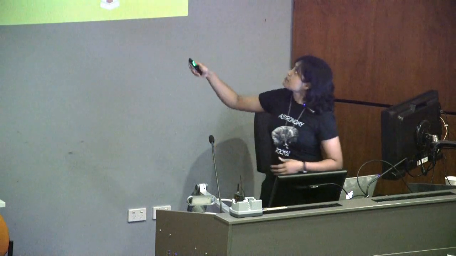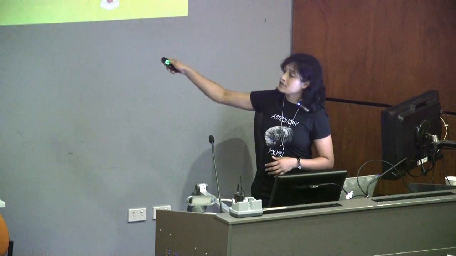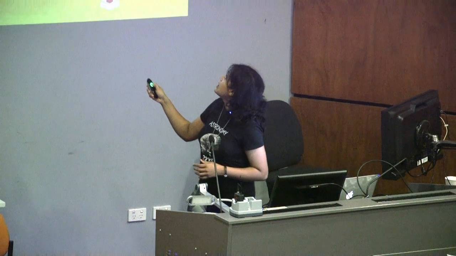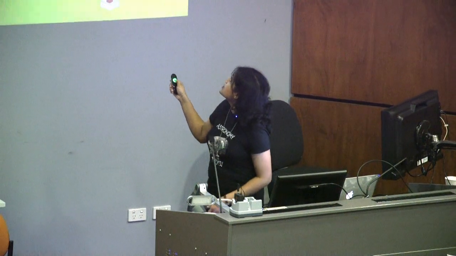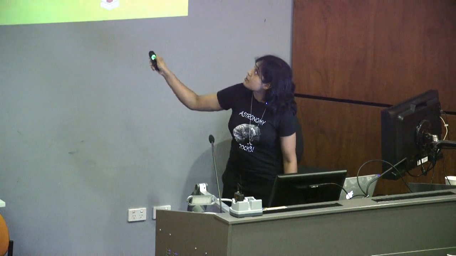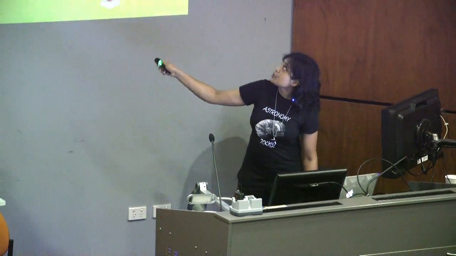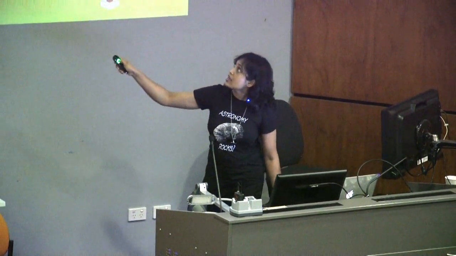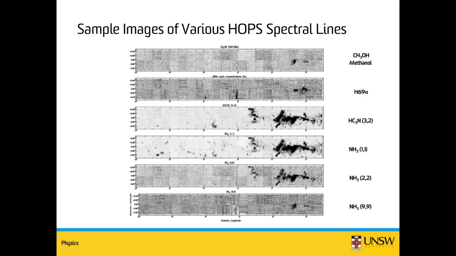So there are some sample images here that we found from HOPS, and they have got different molecular tracers you can see from here. This is methanol, and it's the same area of the sky. Just to show you, you cannot see the same sort of things going on in all the strips, though it's the same zone of the sky, right? So you can see how molecules can trace significant things that you want to look at.